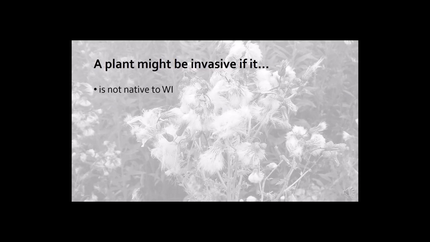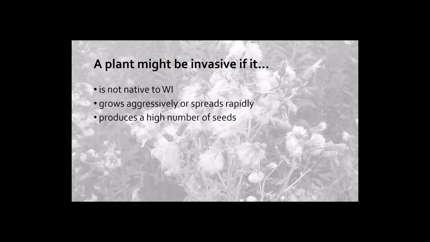So first off, if it's not native to Wisconsin, it might be invasive. If it grows aggressively or spreads rapidly, that's an indication that it could have invasive tendencies. In addition, if it produces a high number of seeds, this is a common characteristic of invasive plants.